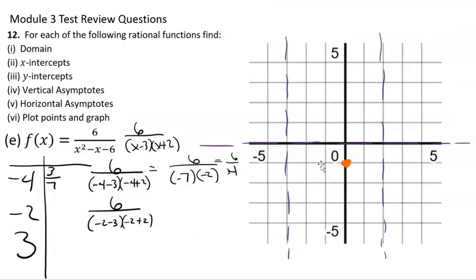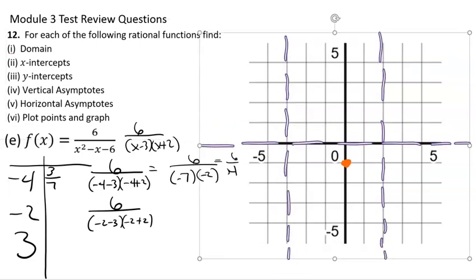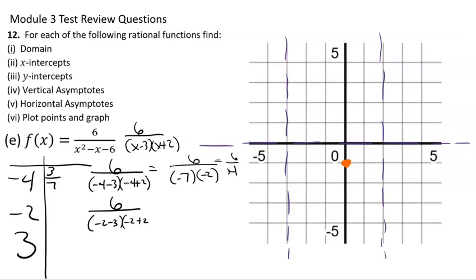Hey, that's the good news, though. If you pay attention to what you're doing, maybe you'll find it. What I'm trying to do is erase my verticals because I got them mixed up. Right, this vertical asymptote, hold on, this one's at negative 2.